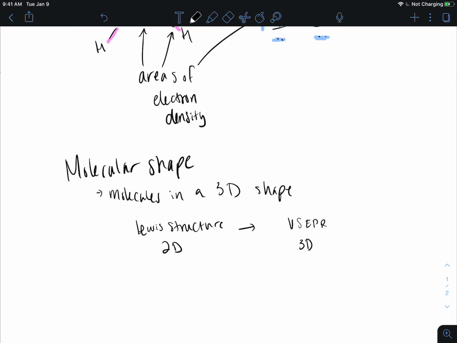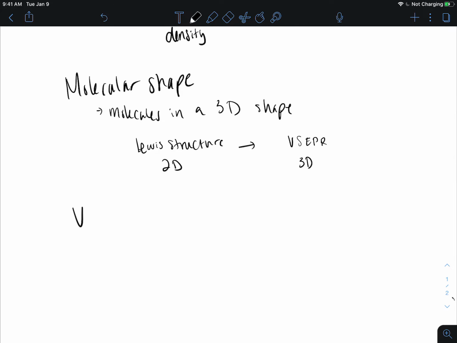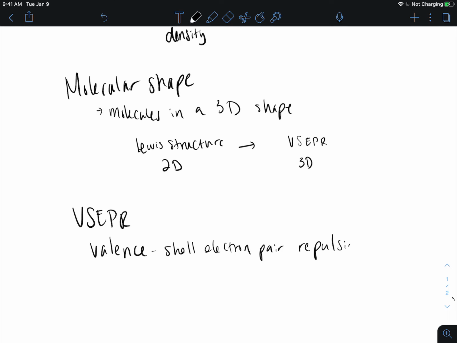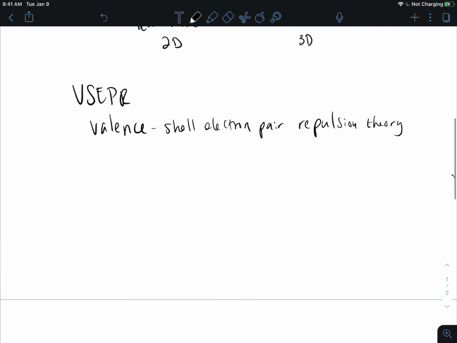So the very first thing we're going to look at with our VSEPR model, well, first let's look at what VSEPR is. VSEPR is valence shell electron pair repulsion theory. So this theory is going to predict the molecular shape based on how electrons repel other electrons.